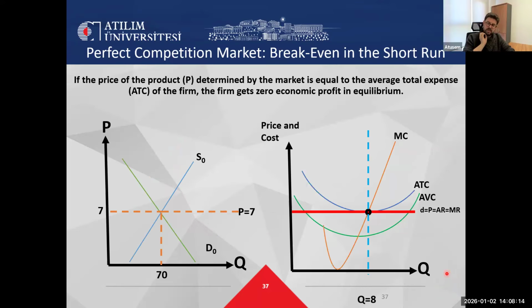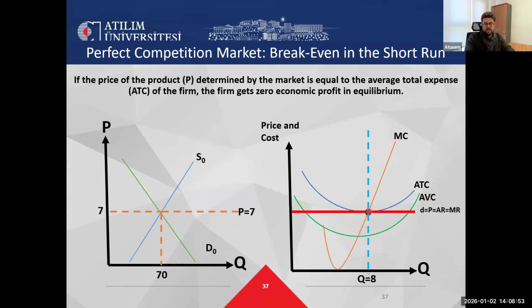Another example. Okay, let's start. Price is 7. It comes from the market. This is the demand line. Then what is the first step? Find the intersection point of marginal revenue and marginal cost, that one. Then draw the direct line. The part below shows the quantity. Then find the intersection point of the blue line and average total cost.